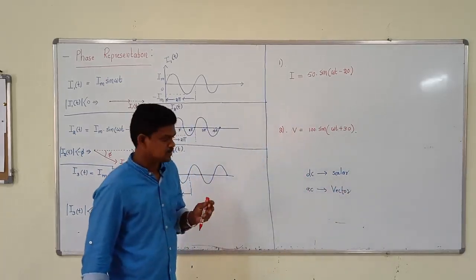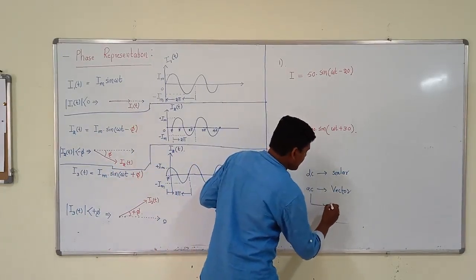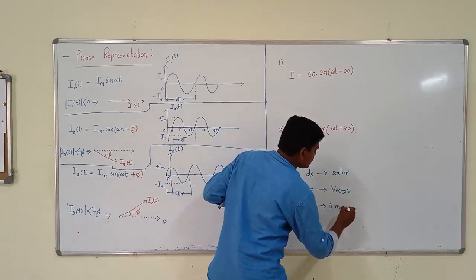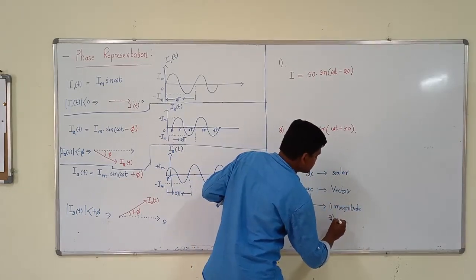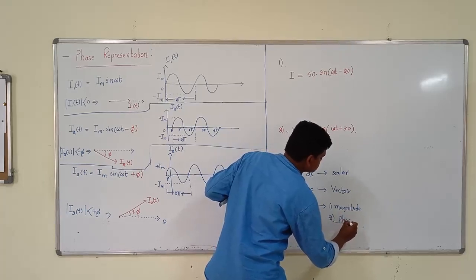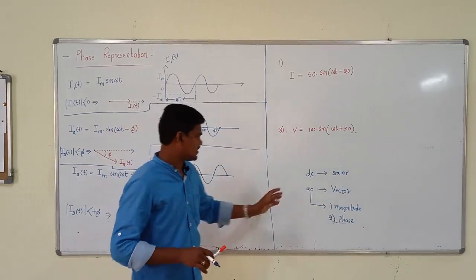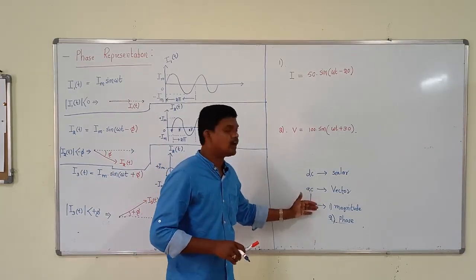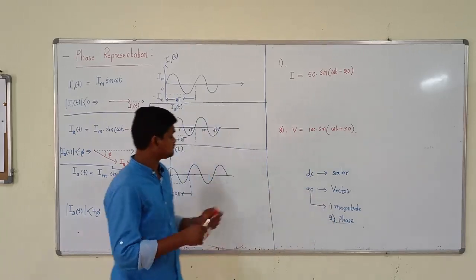Vector means AC supply has one magnitude, every AC has some magnitude as well as phase. So from this we have to understand what is phase representation, right?